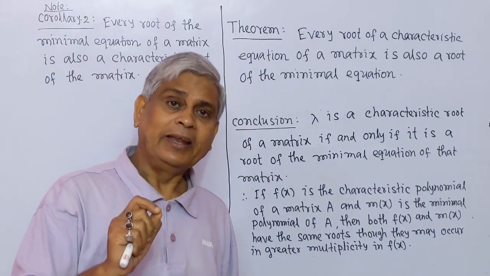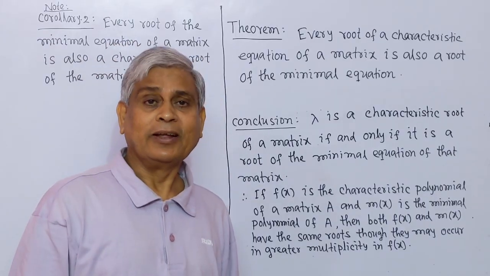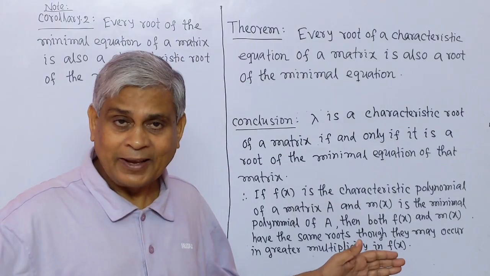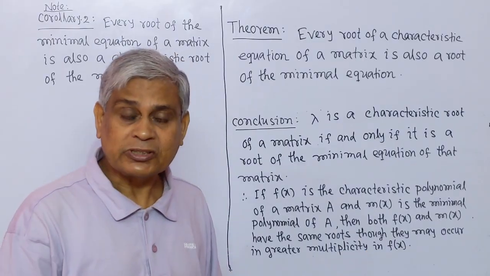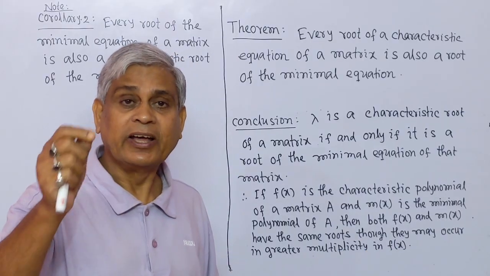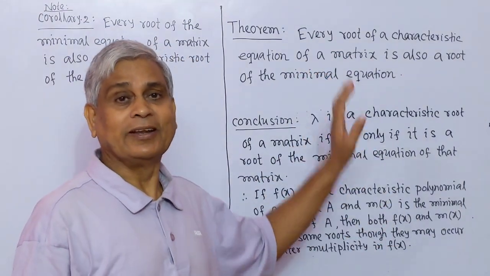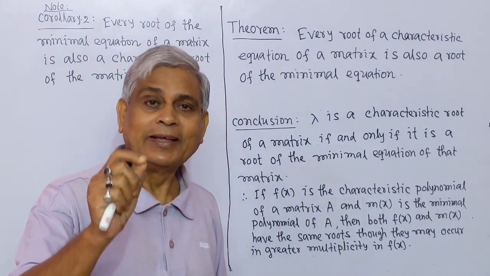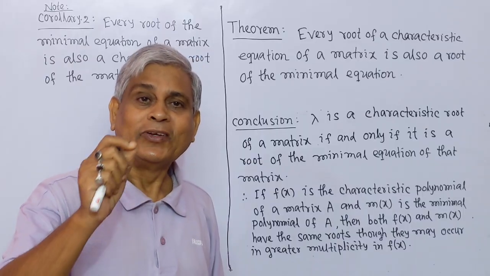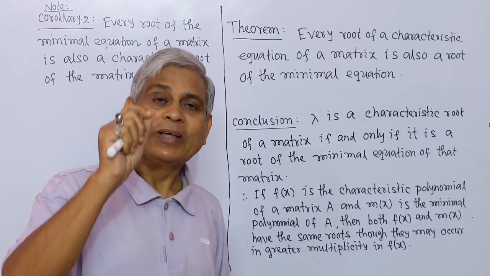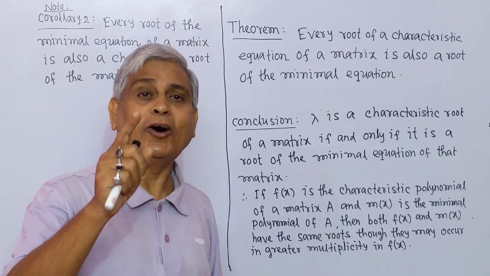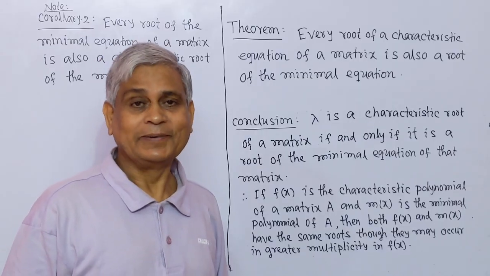So, in a minimal equation, roots are distinct. Among these distinct roots, some roots repeat in characteristic equation in order to make the number of roots equal to the degree of the characteristic equation.